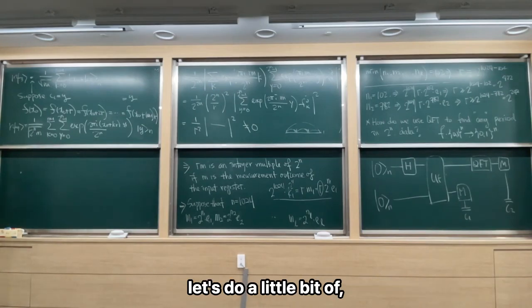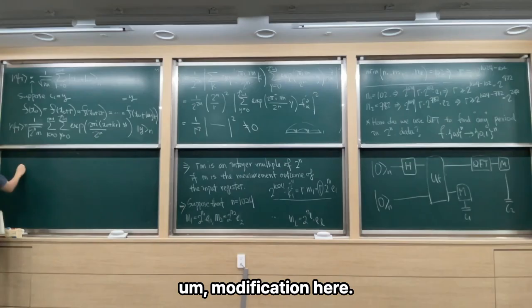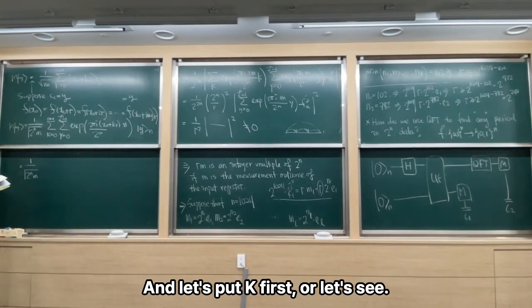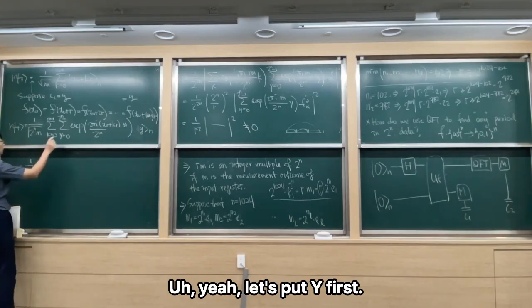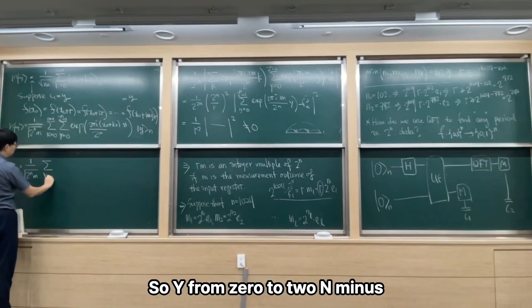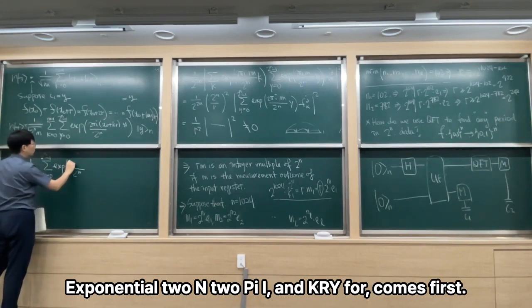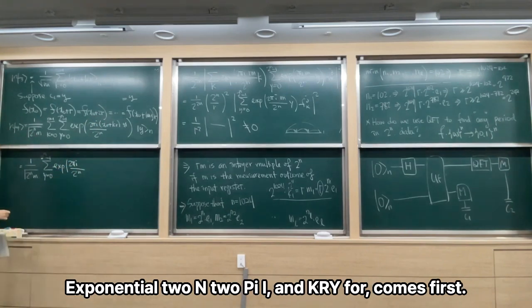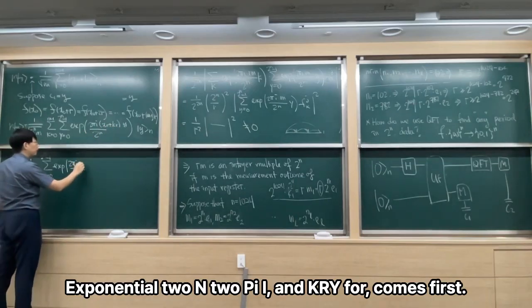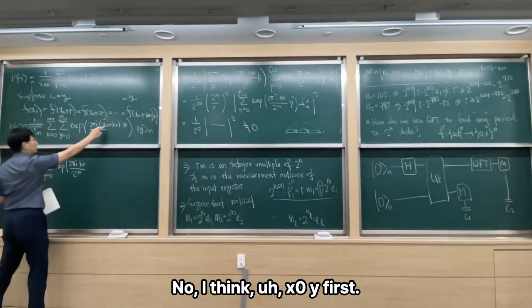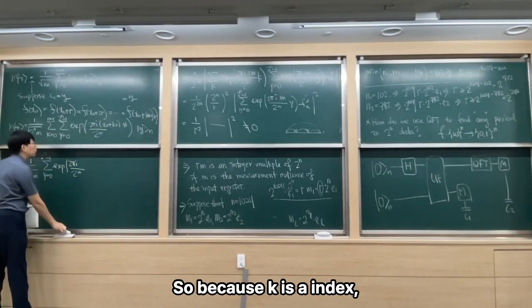So let's do a little modification here. We have square root of 2^n m, and let's put y first. So y from 0 to 2^n minus 1, and I'm going to split the exponent here: exponential of 2 pi i over 2^n, and x0 y comes first, because k is an index and I don't want to put it here.